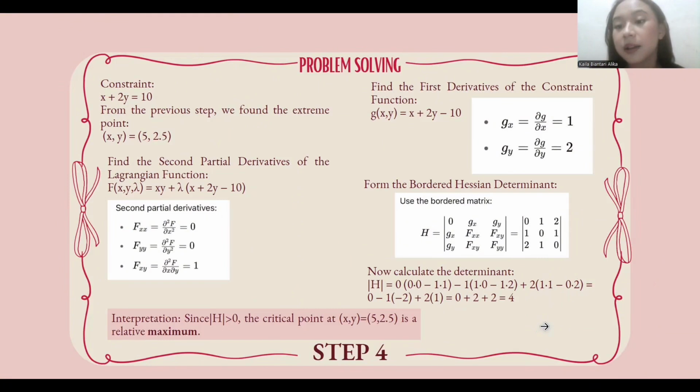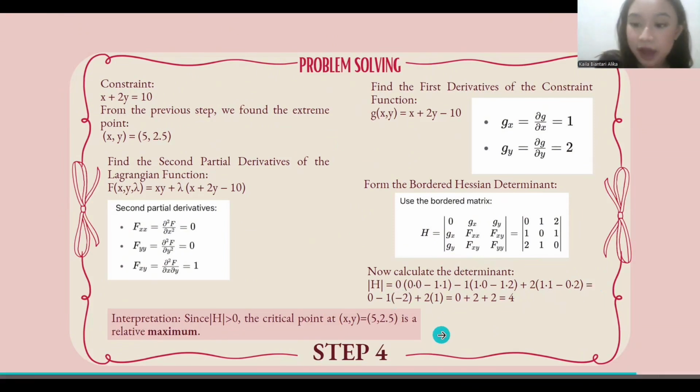Next, let's find the determinant. The first term is 0 times 0 minus 1, which is 0. This is the second term: 1 times 1 times 0 minus 1 times 2 equals 2. And the third term is 2 times 1 times 1 minus 0 times 2, which equals 2.